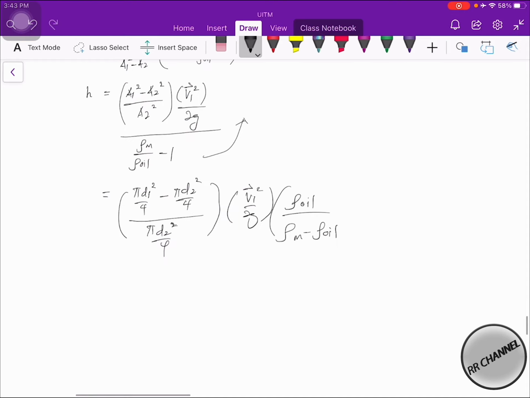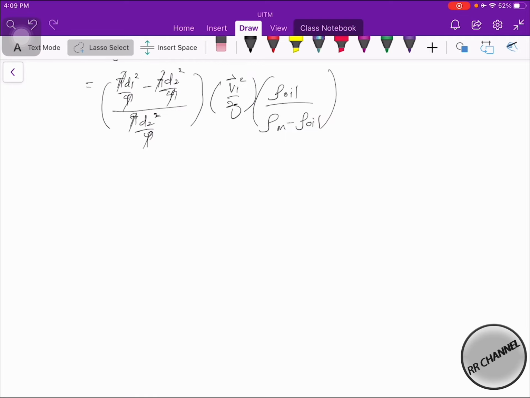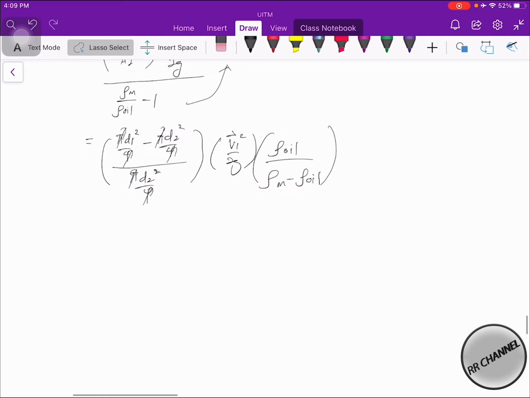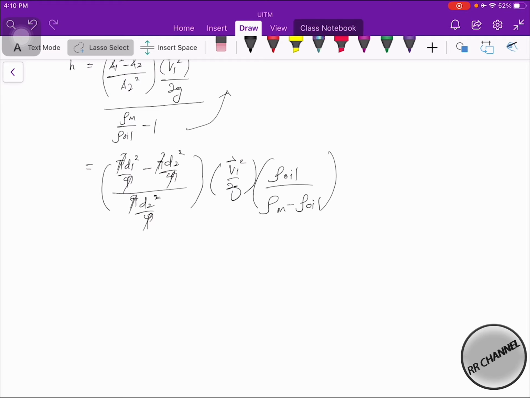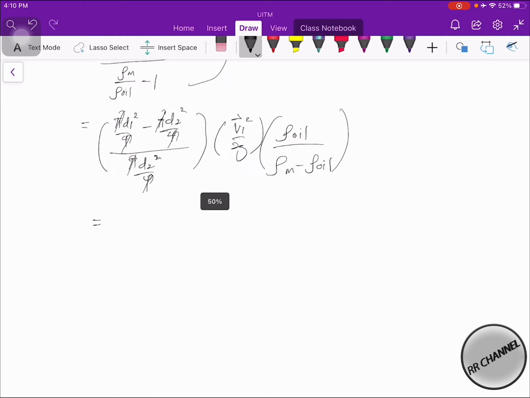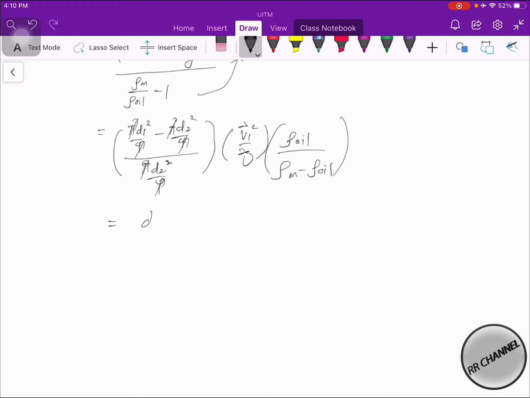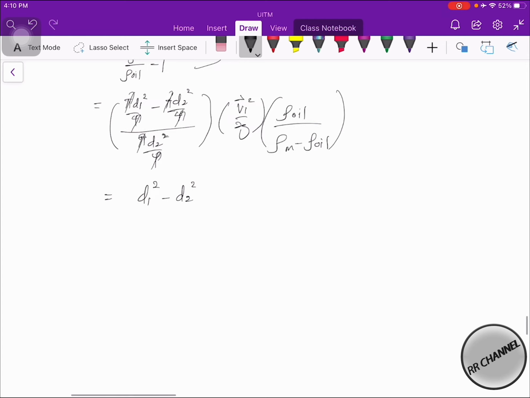Now we will simplify it. So it becomes, pi cancels, we have d1 square minus d2 square over d2 square, then we multiply with V1 square over 2g.